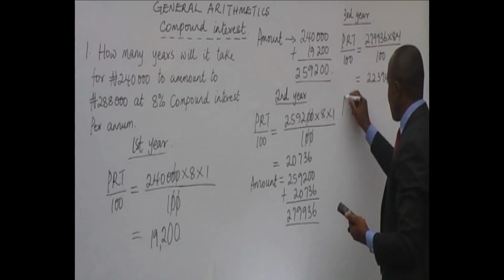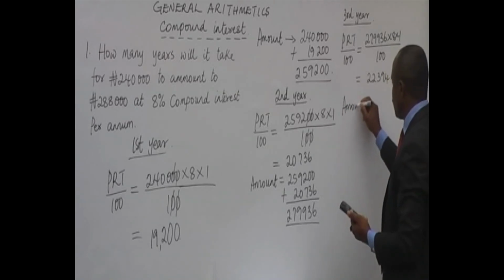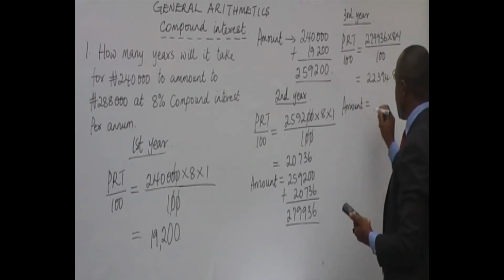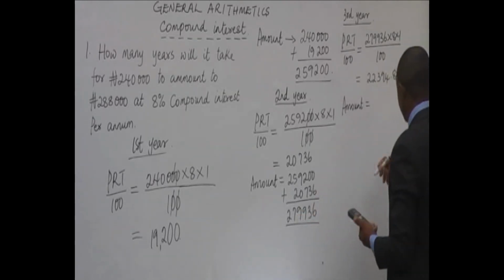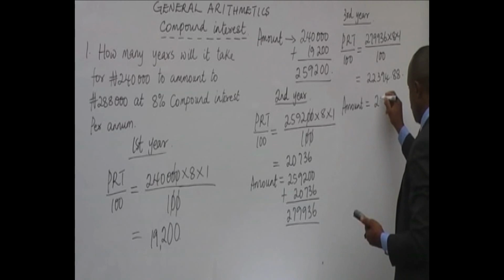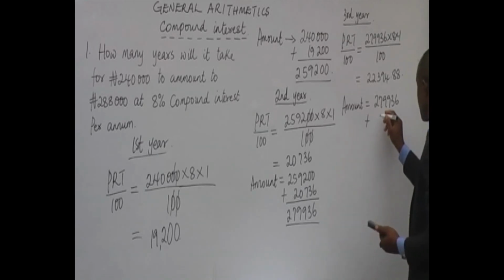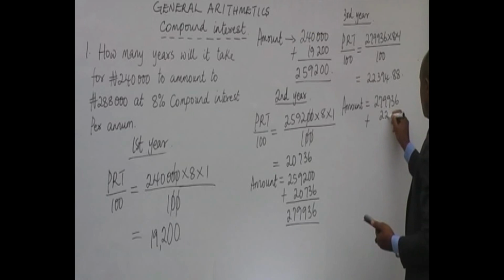So let's calculate the amount for the third year. Amount is going to be the principal for the third year, which is 279,936, plus this interest, which is 22,394.88.